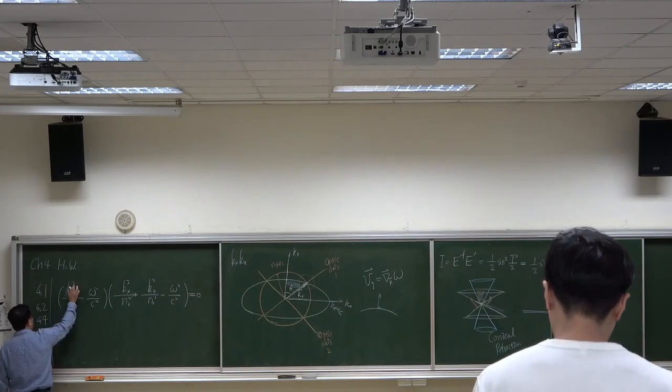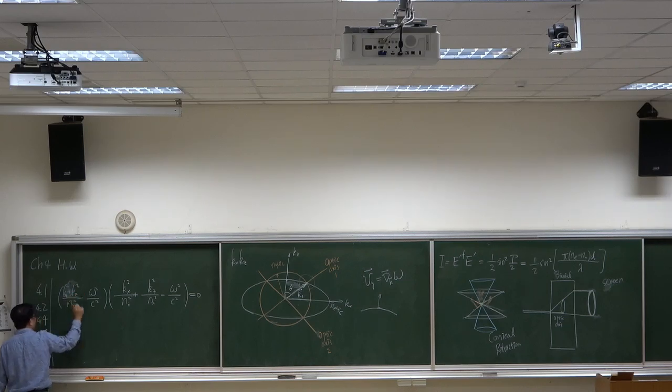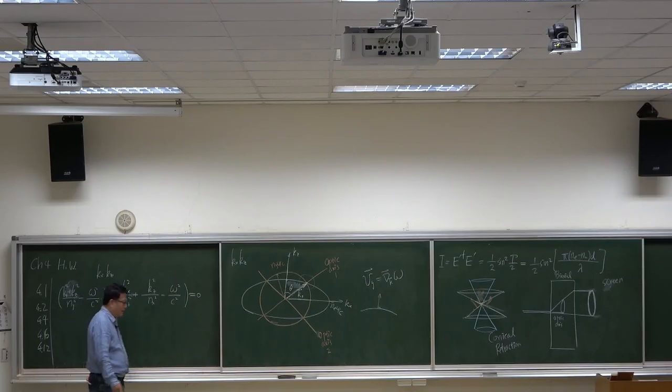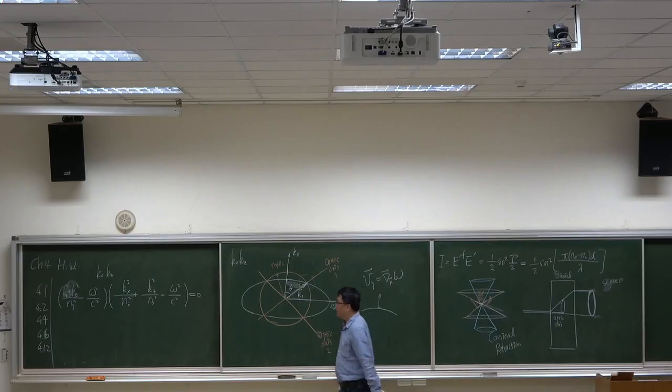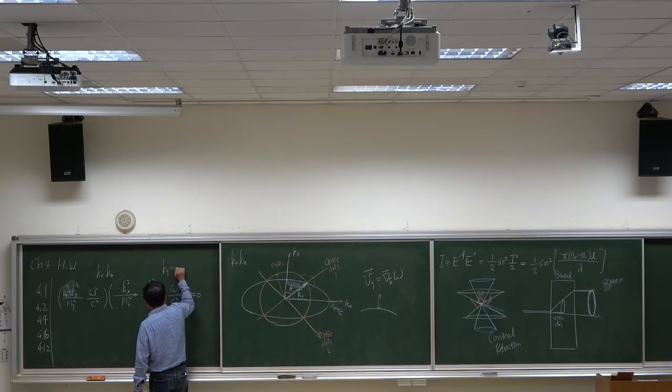Here, this k squared is in fact kx squared plus kz squared, because now we consider only the points in the kx, kz plane, which means that ky is equal to 0.